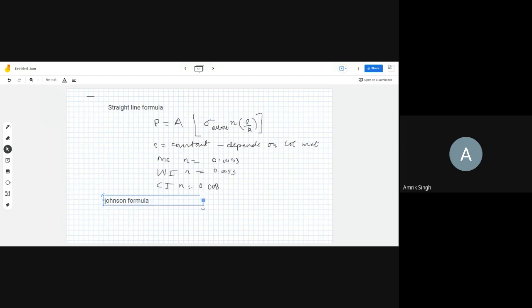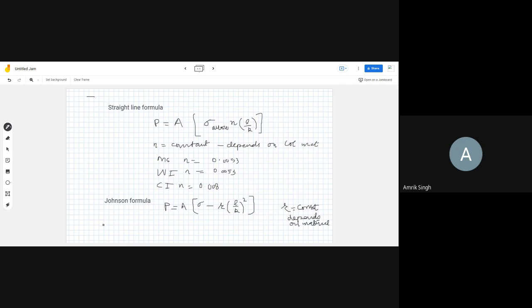So this Johnson formula says that P is equal to A into sigma minus R into L upon K, where R is a constant, and it depends upon the material.